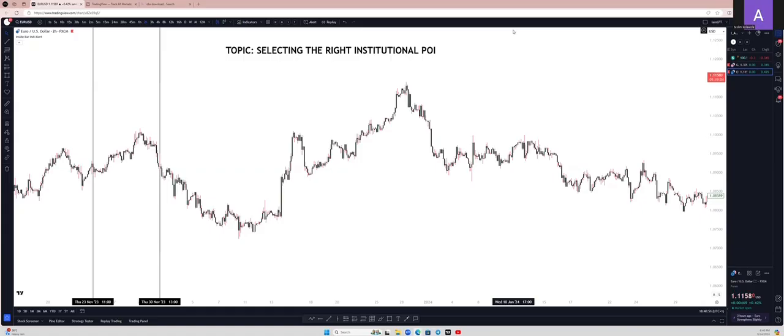And I can tell you for free that if you understand how to select the right POI, 50% of your problem is already solved. Then, when you now learn how to pick a better entry, then 70% of your problem is already solved. Now, I'm not going to waste much of our time because we are just going to start immediately.